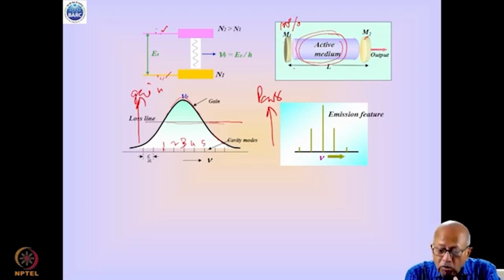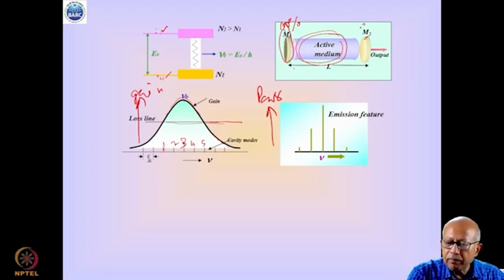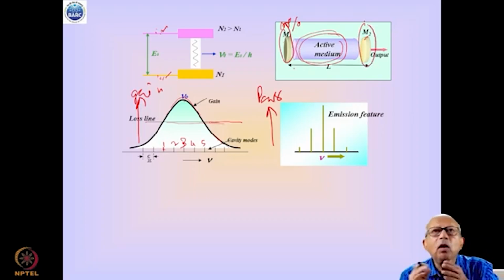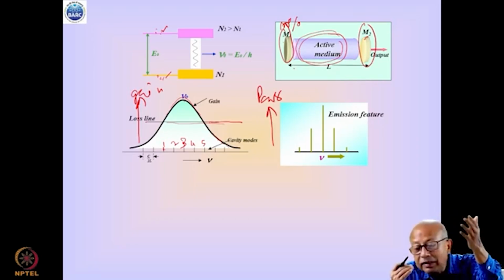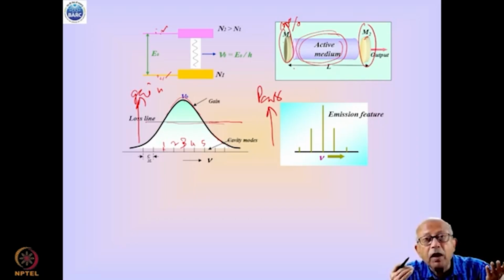Although, the monochromaticity of this multi-mode laser is more than that of a conventional light source. For example, suppose we consider this medium as a medium which emits light. Suppose we do not have this cavity, and you have not created population inversion. You have just created some excitation as in the case of a fluorescent source of light.